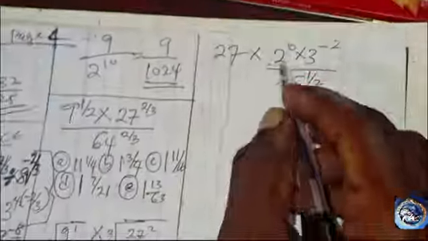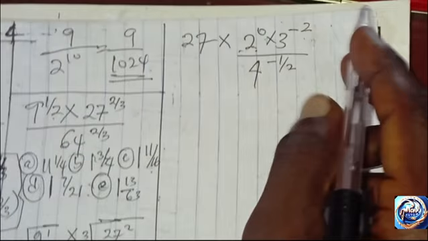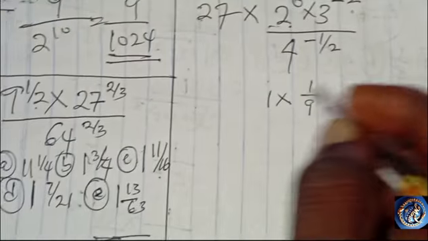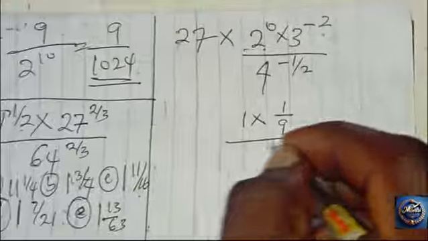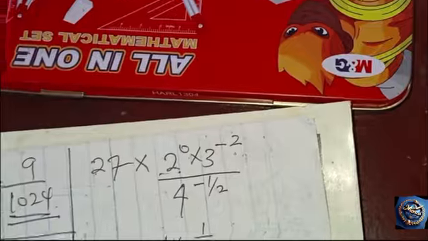Ordinarily this is 1, sorry. Anything raised to power 0 is 1. So 1 times 1 all over 9, all over 1 all over the root of 4 raised to power 1.